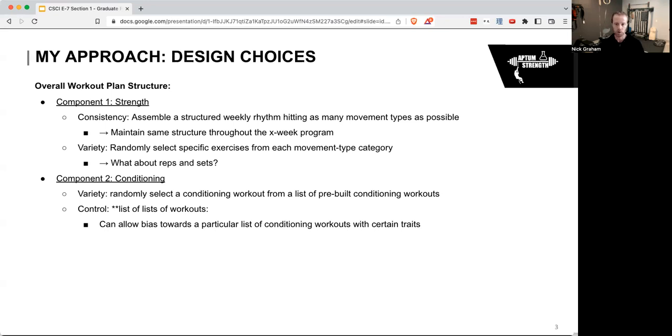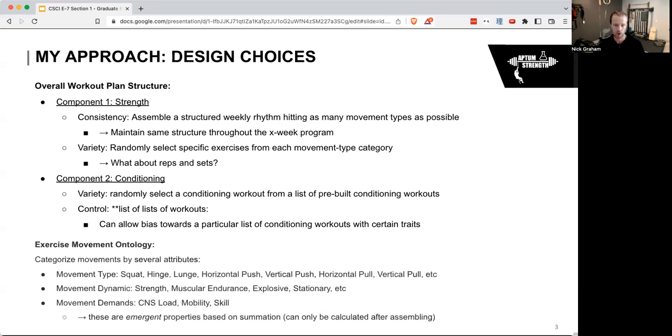And what you could do potentially in the way I chose to approach it is you could oversample a particular list within this overall list and use that as a way to, say, bias the conditioning towards running, if that's what you wanted to have a focus on. But still at the same time, it would allow for the sprinkling in of other types of workouts. So these are some of the basic design choices I made in terms of program structure.